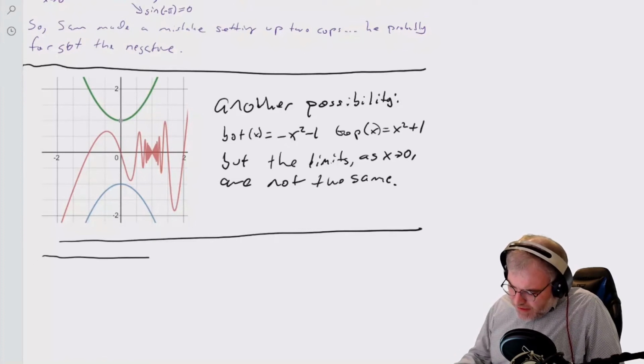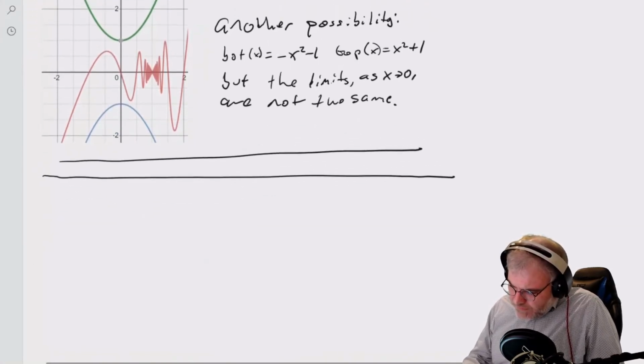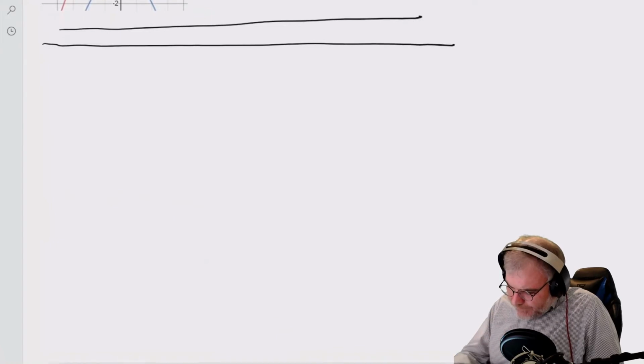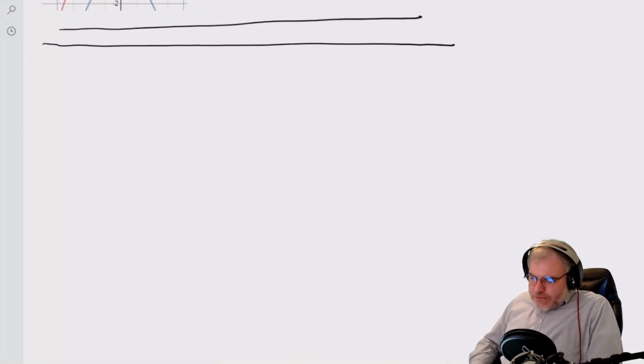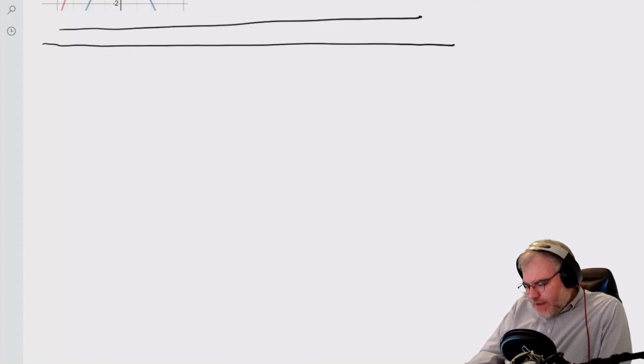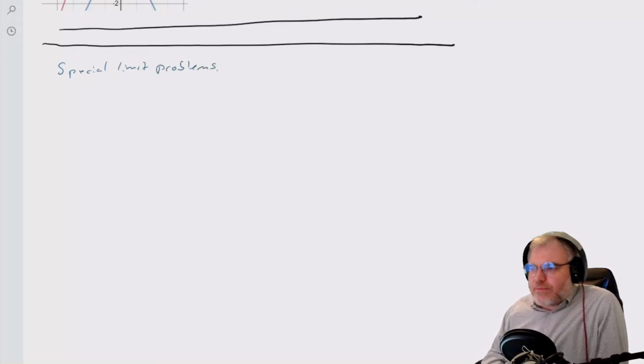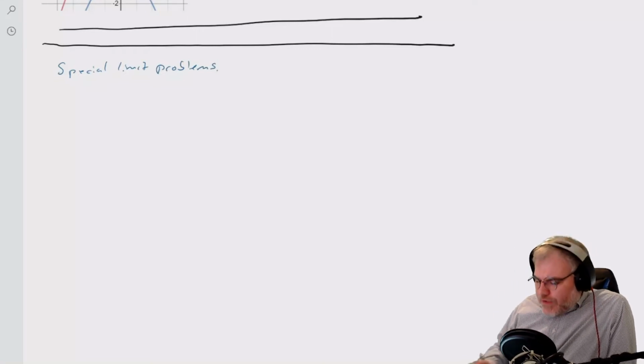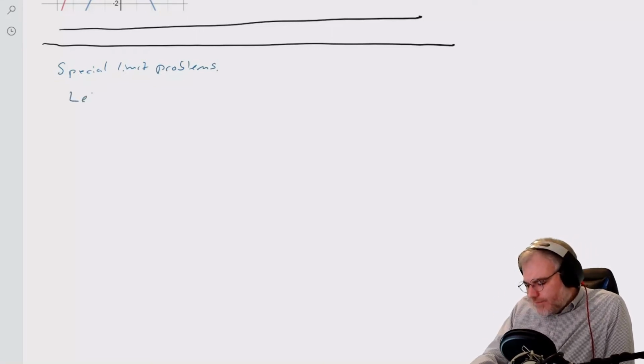All right, so there was the sign problem. Let's do one of those. So let's do some of these sign problems, and then if you have special limit problems. This is kind of like the one on the bootleg. Let C be a constant.